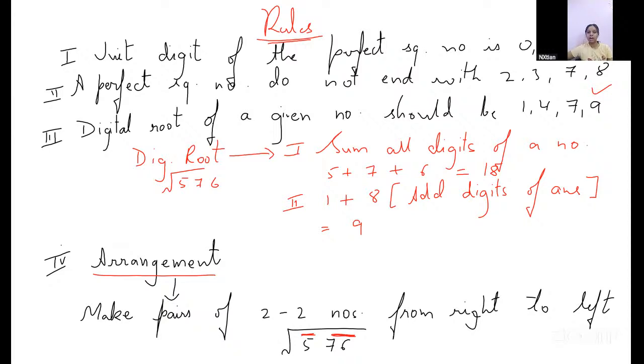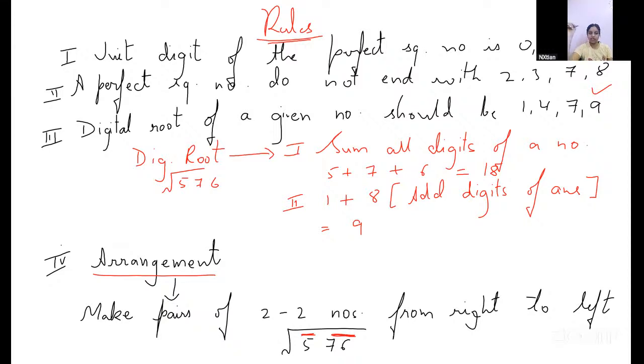How many pairs? It depends on the number of digits. If each has two digits, then two pairs? Not necessarily. If you have a three-digit number, then one pair of two and one of one.